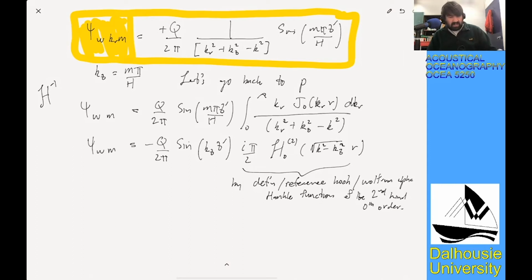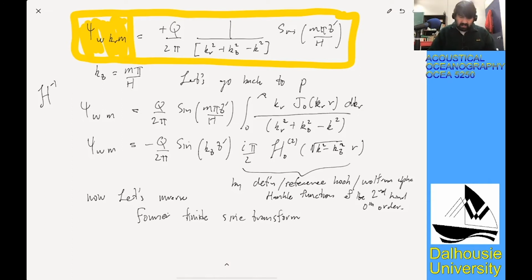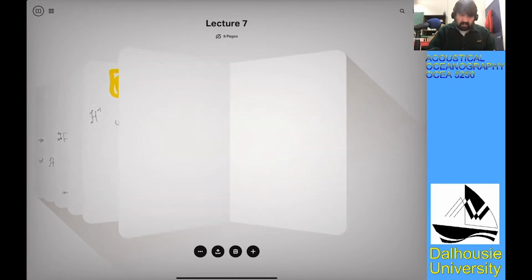Now let's inverse sine transform. Inverse Fourier finite sine transform. So if you remember, the inverse was defined by summation, right?